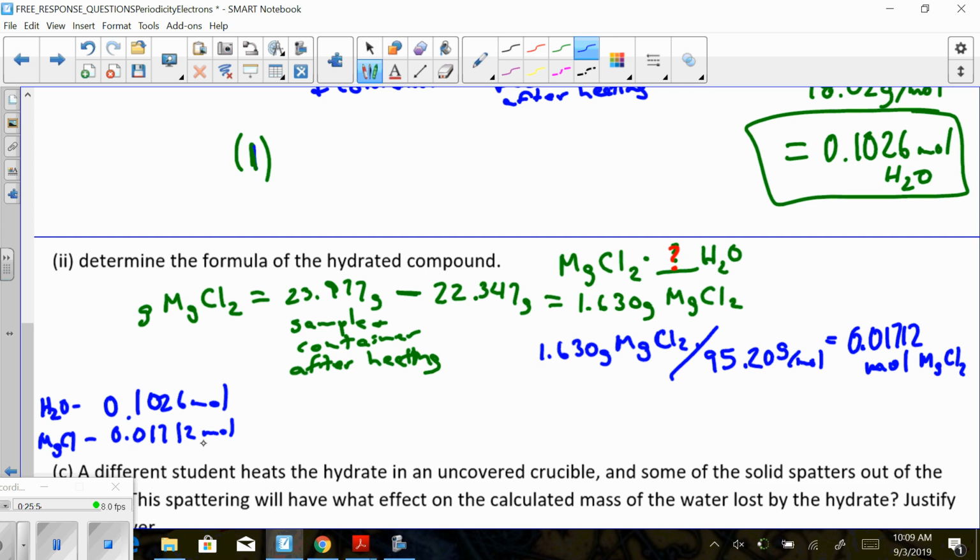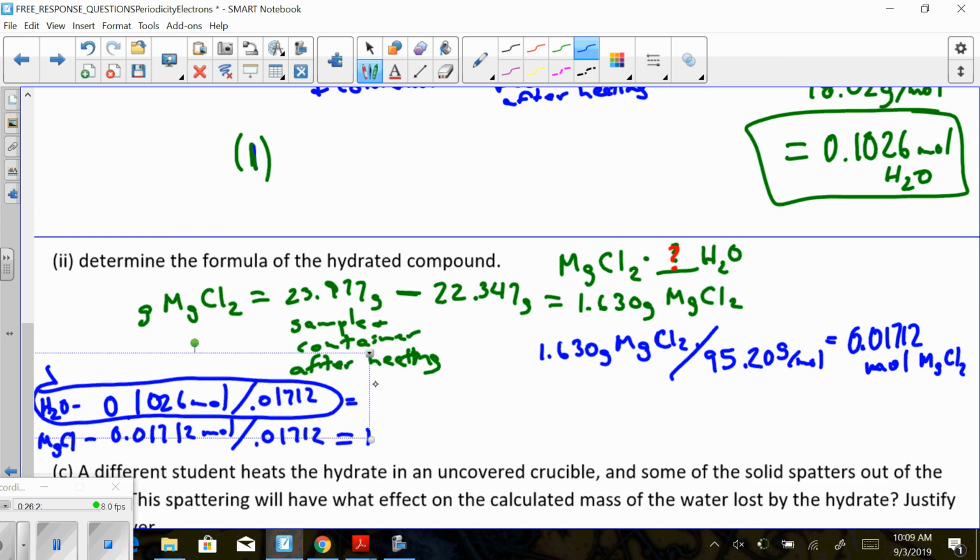Our smallest number of moles is magnesium chloride, so we divide both of those by 0.01712. Now for this one, I showed you this step because you're in the midst of learning this. For your final answer, you could skip this last step and just show the step right here. Now this one is going to be 1, and this gives us 5.993, which is essentially 6.